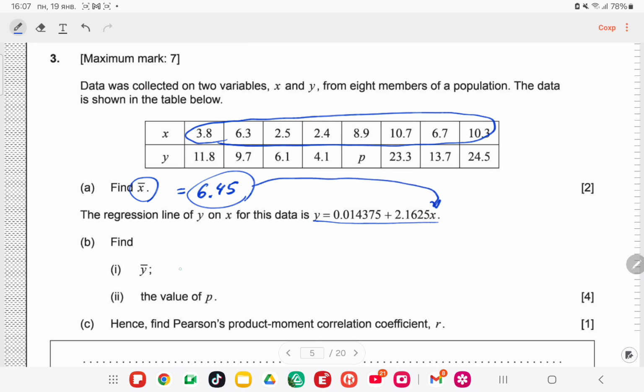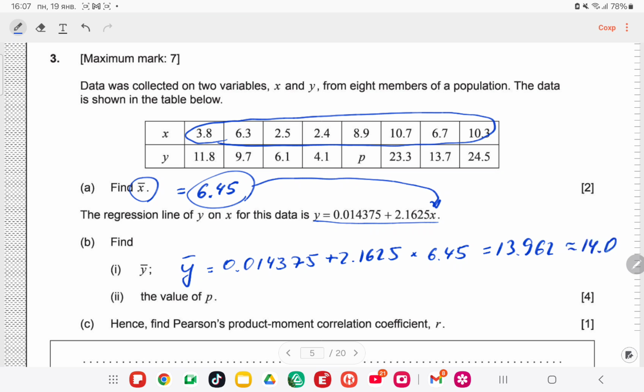So y bar is equal to this much plus 2.1625 multiplied by 6.45. So the answer is 13.962, or 14.0 to 3 significant figures. This is another 2 marks.